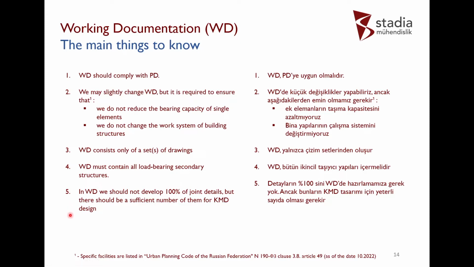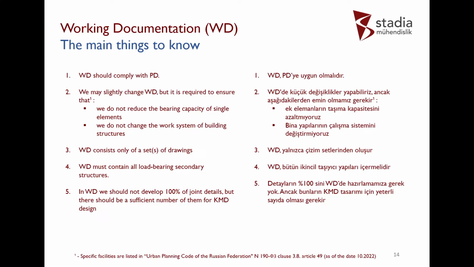And in working documentation, we should not develop 100% of joint details. This is one of the biggest, I would not say it's a mistake of design groups, but they spend extra time to design 100% of joint details. But actually, in most cases, it's not necessary.